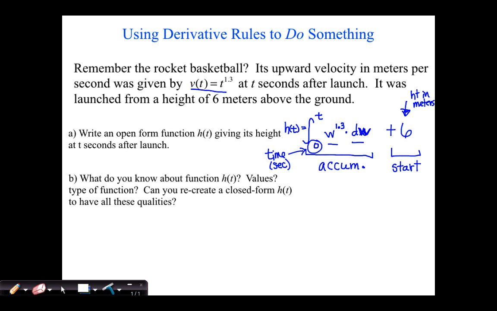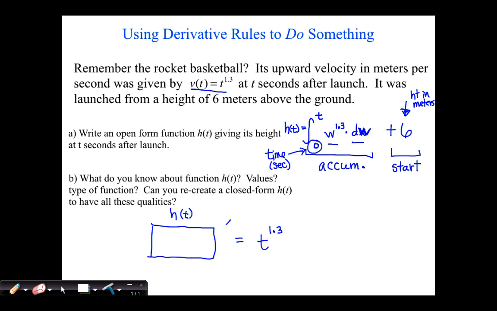Thinking about if I had some sort of mystery function, h of t, with h of t's rule written as some sort of closed form expression, if I then took the derivative of it and it came out to be t to the 1.3 power, what sort of thing could be in this box here that I could take a derivative of and end up with something that looks like this?